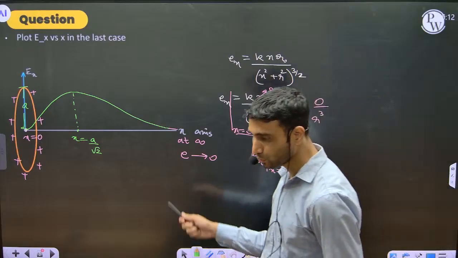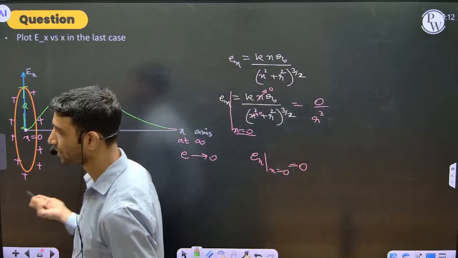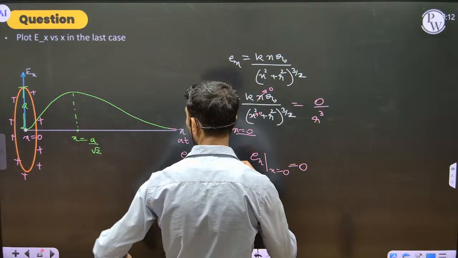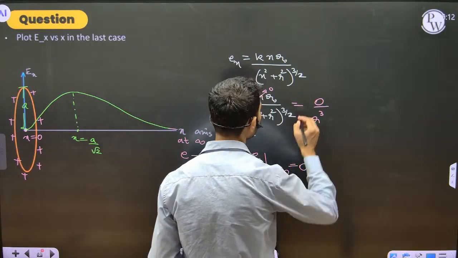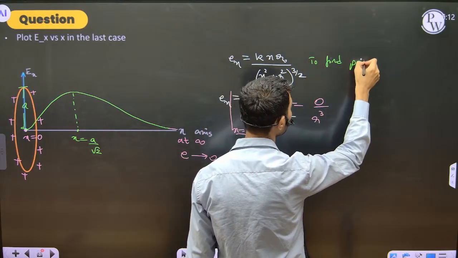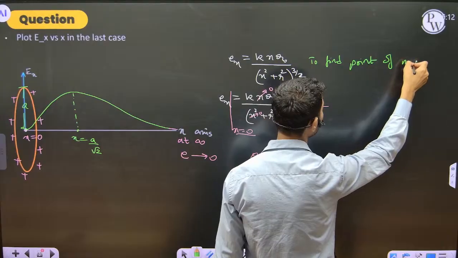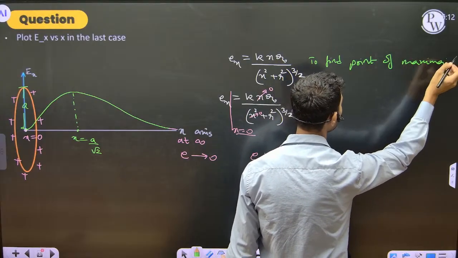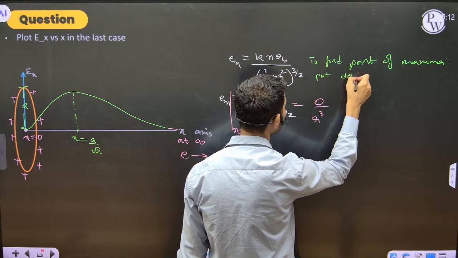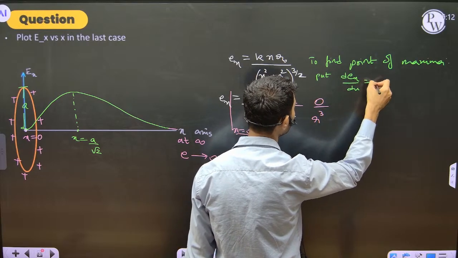And actually we can do the calculation also. I can differentiate and show you, but it will be a very lengthy process to find out where it is maximum. So to find the point of maxima, put differentiation of Ex divided by dx equal to 0.